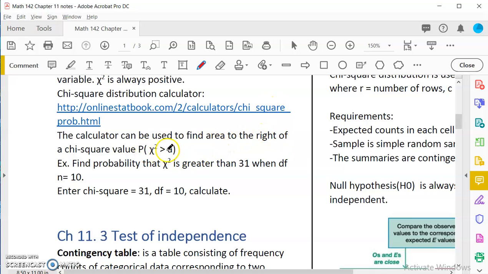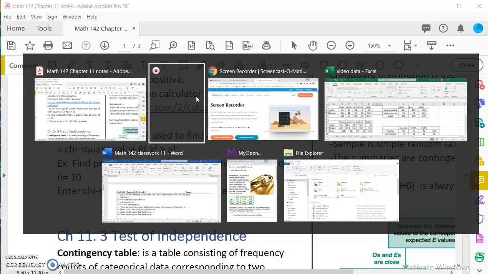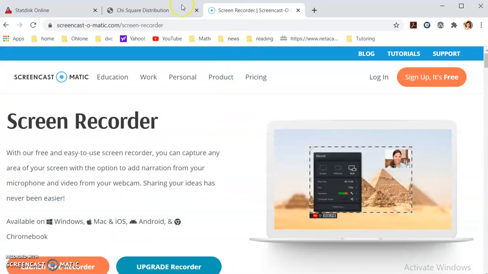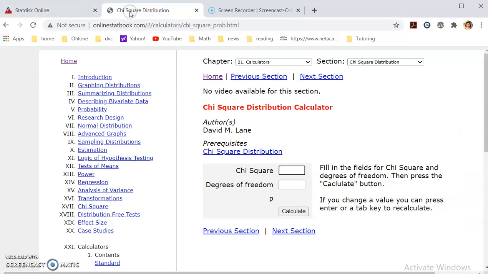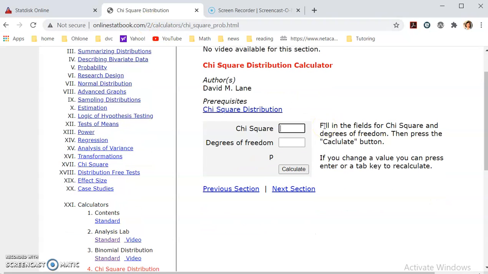If chi-square can be used to model something that is right skewed, how do I find the probability of a particular chi-square number? There is a chi-square distribution calculator. We seldom use it, but I want to show you so that you understand that it's just like a normal distribution. The one we use is from the online stat book again because it's easier to use.